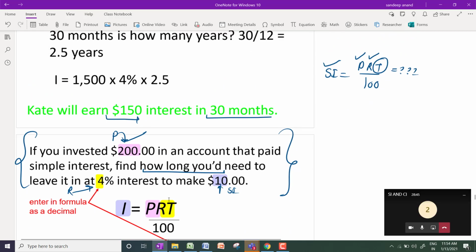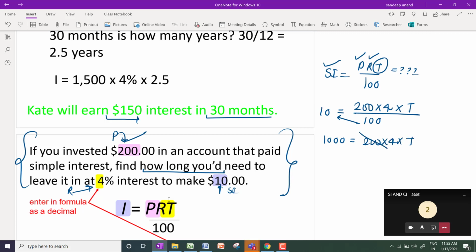So this is my formula. I is 10, P is 200, R is 4%, and T you need to find out. Divide by 100, cross multiply, then you will get 1000. If you multiply this value, 200 five times gone, and T is equal to 5 by 4.